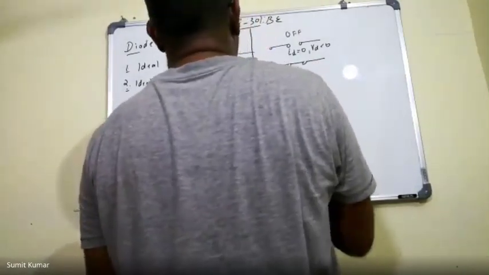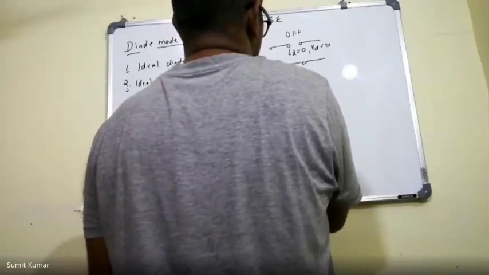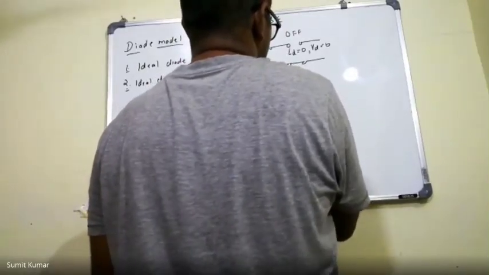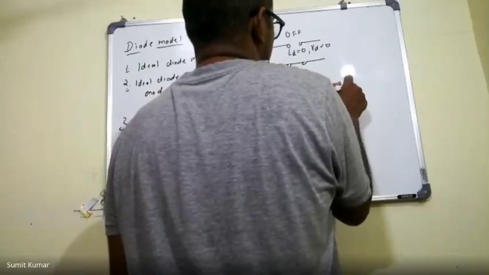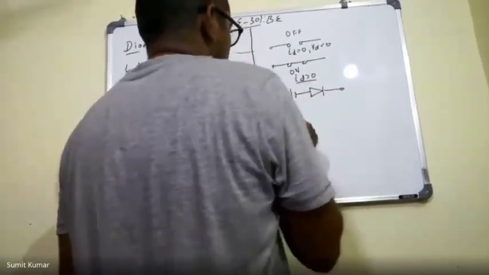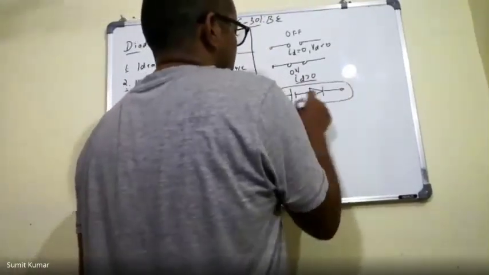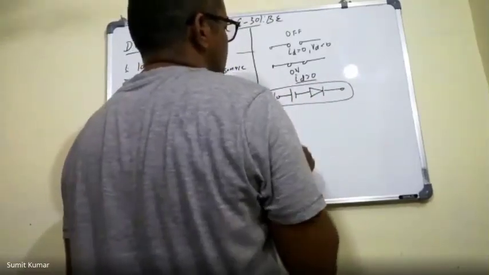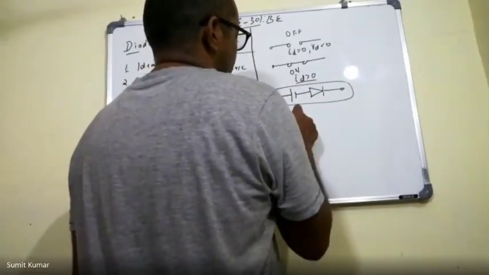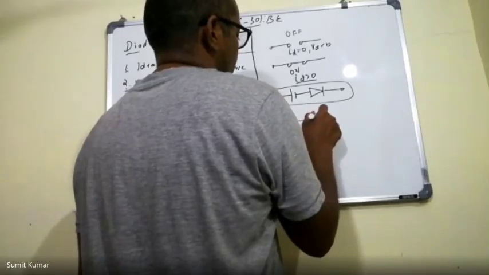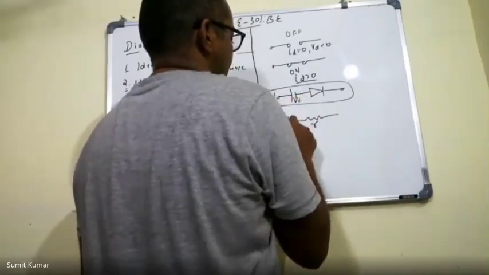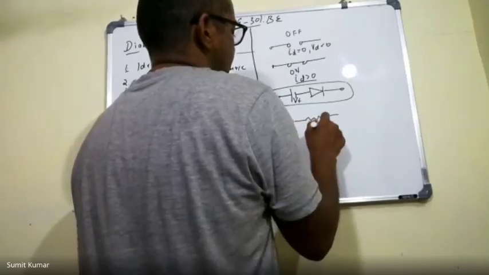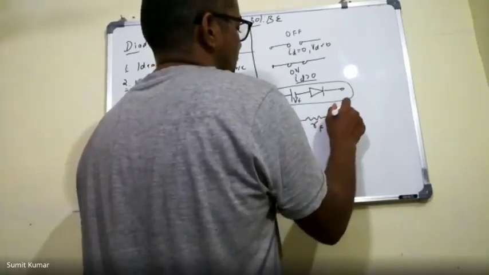In the second model, we model the diode with the help of one constant voltage source and an ideal diode. So this is the ideal diode plus constant voltage source model. And in the third type of model, we have modeled the diode with a small resistance RF and an ideal diode.